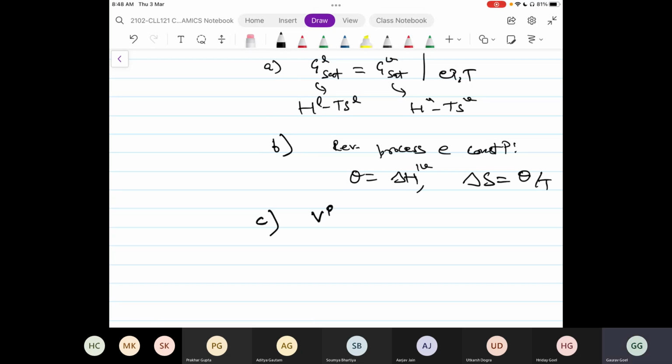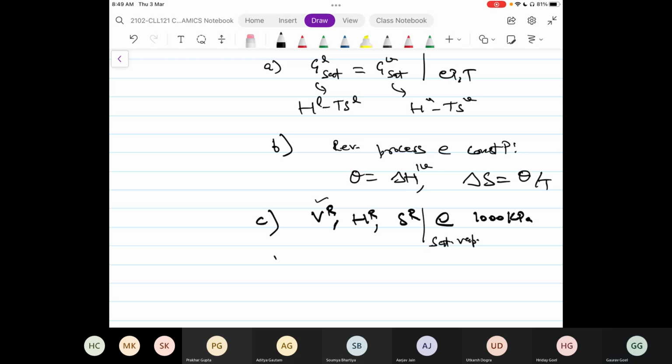In part C, they're asking you to calculate the residuals at 1000 kilopascal for the saturated vapor. Okay, so these residuals we only define for vapor states. So all of these you are calculating for the saturated vapor state.